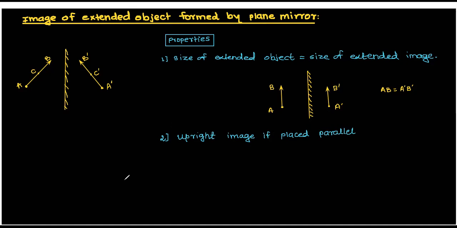Okay, let's see here. This property I am also explaining. So here this is a mirror. Okay, the mirror is here, and now you are having the object placed like this, like a P shape, we can say.